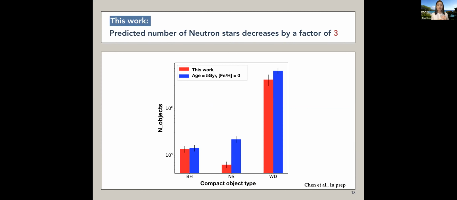One potential explanation is that the neutron stars' lifetime or formation time would be much younger than the rest, so they would be influenced a lot by the age, compared to the number of black holes or the white dwarfs.